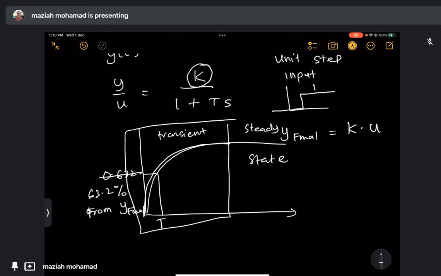So only for the steady state part can we use this equation, Y final equal to KU.